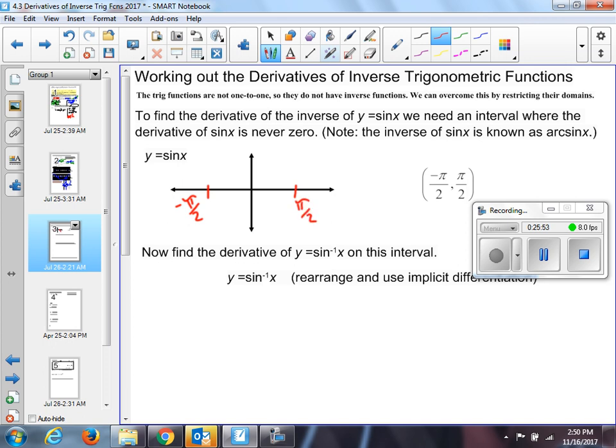So, I know that this part goes like this. So this part's symmetrical. It's odd symmetry, actually. Right? So that part we can take the inverse of, okay? Now we could find the derivative of the inverse on that interval. This is sort of going back to that definition. Now let's just think about a few things here.